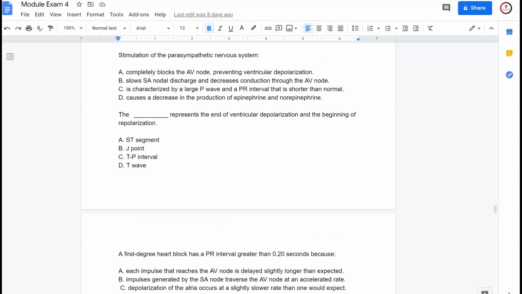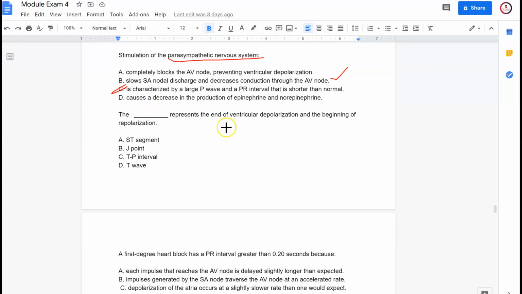Stimulation of the parasympathetic nervous system completely blocks the AV node, preventing ventricular depolarization. No. Slows an SA nodal discharge and decreases conduction. Yes, that's a thing. It's characterized by a large P wave and PR interval shorter than normal. No, that isn't indicative of parasympathetic nervous system stimulation.